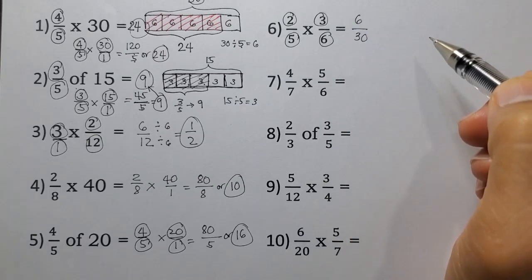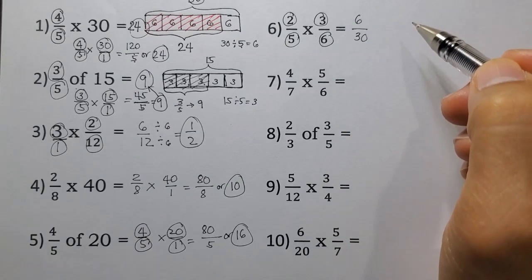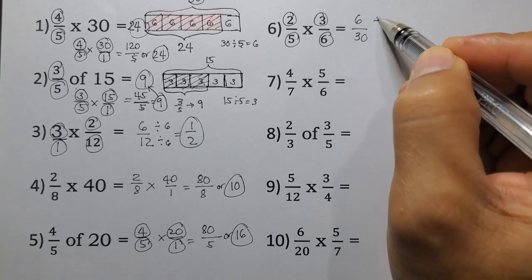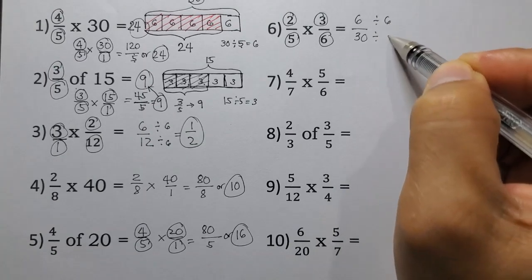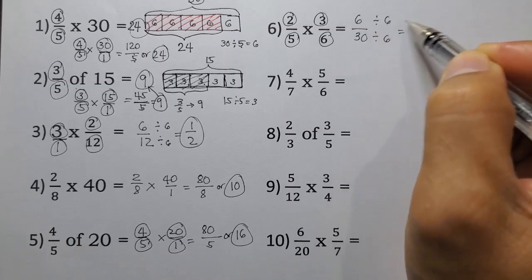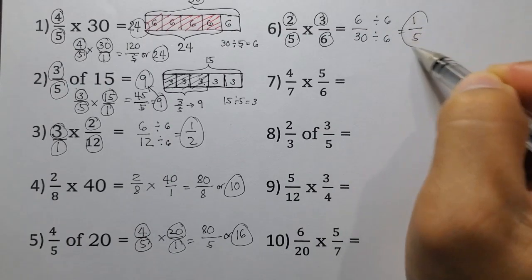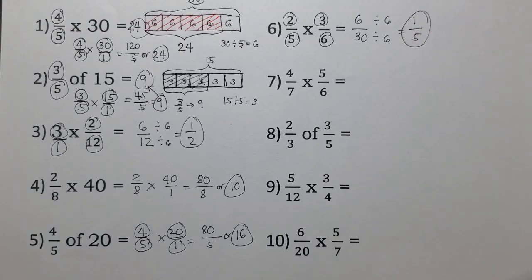Then after that, check if your fraction is in simplest form. If it's already in simplest form, then that's your final answer. However, this one, both could still be divided by 6. So 6 divided by 6 is 1. 30 divided by 6 is 5. Therefore, the final answer is 1/5.